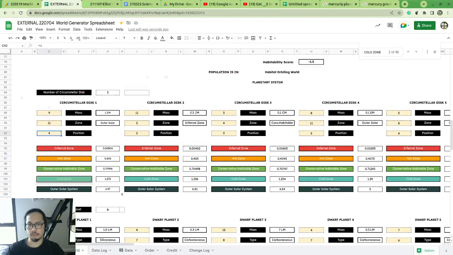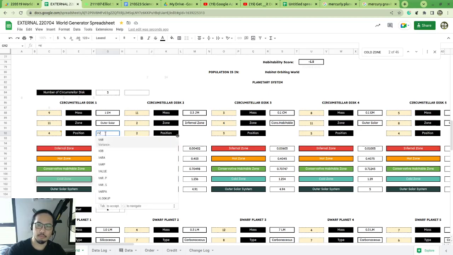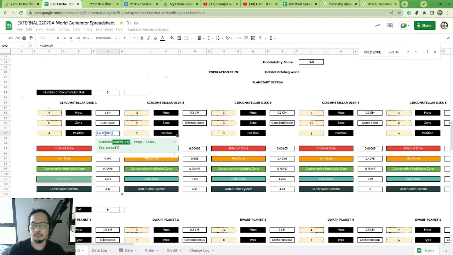World. Cold zone. Position. The position should be equal to VLOOKUP. Should use the other one.